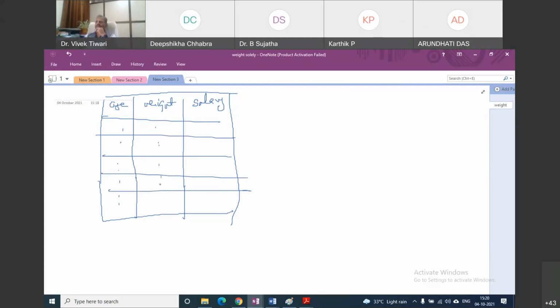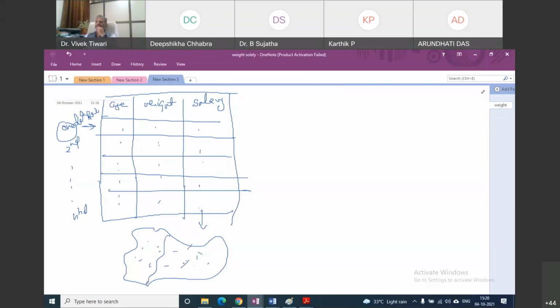As we discussed on day one, one row is one data point, this is the second data point, and these are the n number of data points. Visually, we can represent the data points like this.